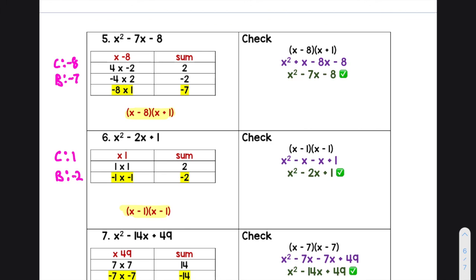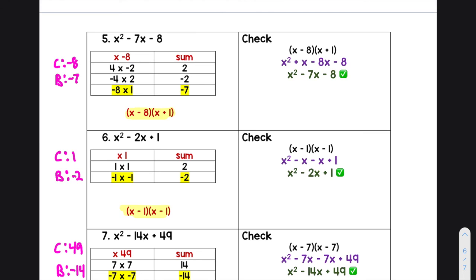Last problem here, our C value is 49 and the B value is -14. We're finding two numbers that multiply to get 49 and add to get -14. Those two numbers would be -7 and -7, giving us our answer, the two factors, x minus 7 and x minus 7.